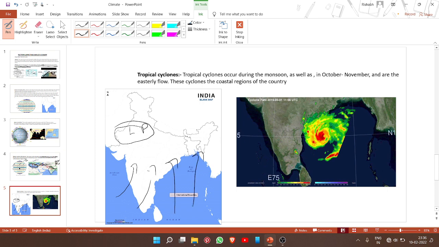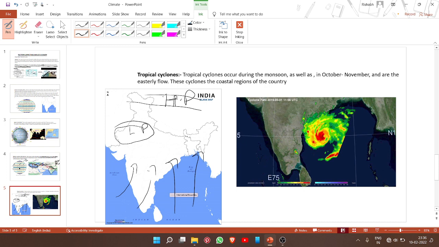But what happens after the rainy season? The position of the heat belt becomes as usual as it was during the winter season. Means this area again converts into the high pressure zone.